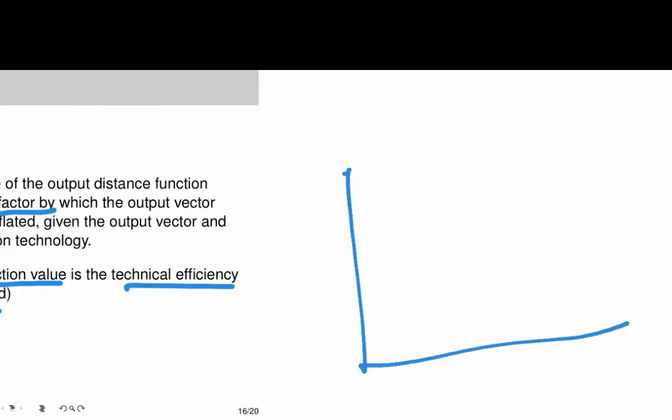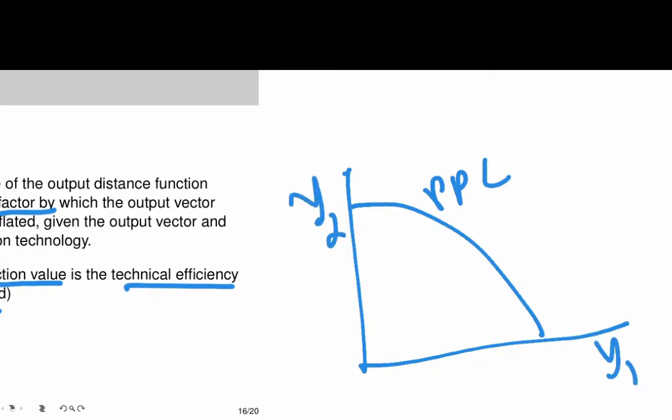So let's say we have a production possibility curve telling us what we could produce in terms of y1 and y2, and this is the PPC for an input vector x, let's say, which is fixed, and I have a point A here, which tells me the combination of y1 and y2 that is produced. Then the output distance function would be measuring the minimum proportion by which this could be deflated and still be producible.